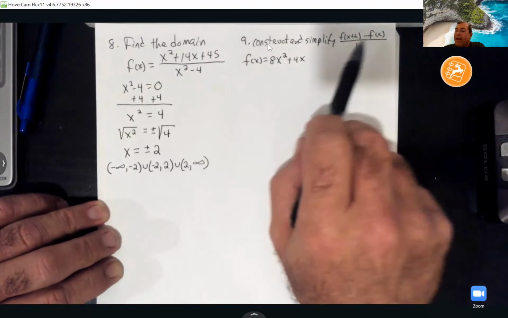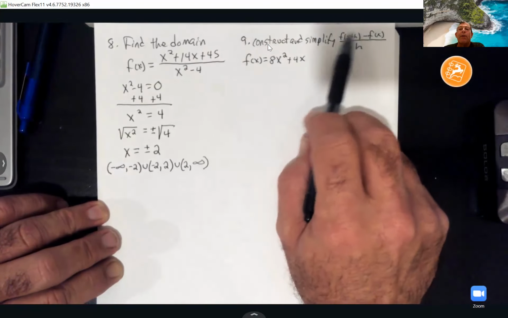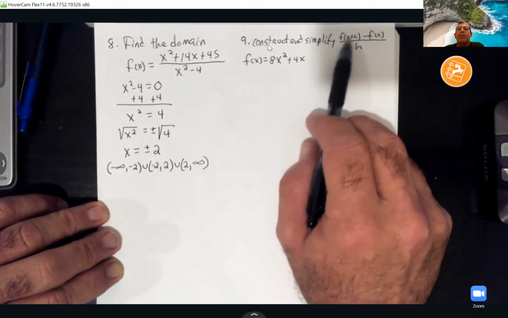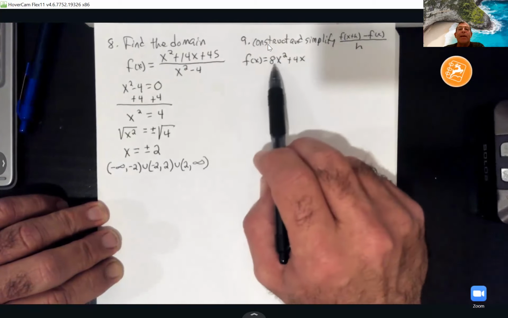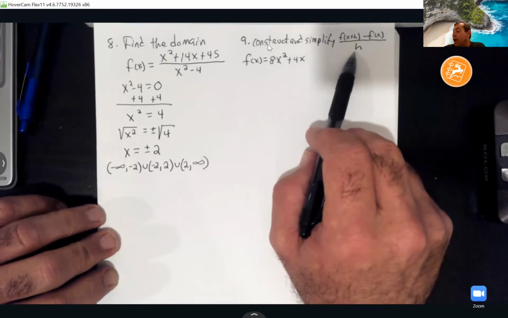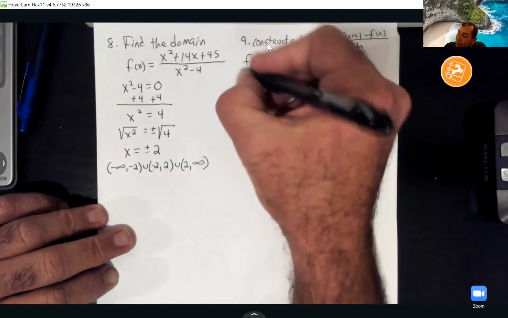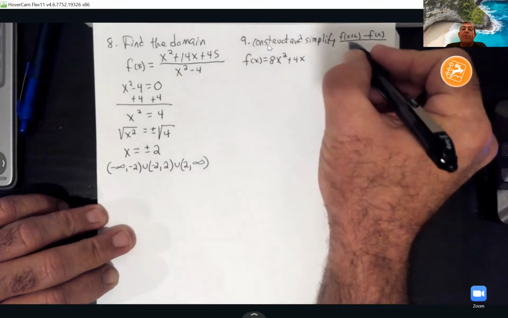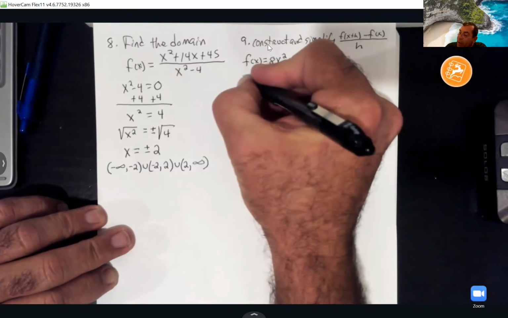All right, y'all, so what do we got to figure out to apply this formula? We got to figure out the f of x plus h stuff, because they gave me f of x right here, and the bottom's always h. So we got to find the f of x plus h to put into that formula.